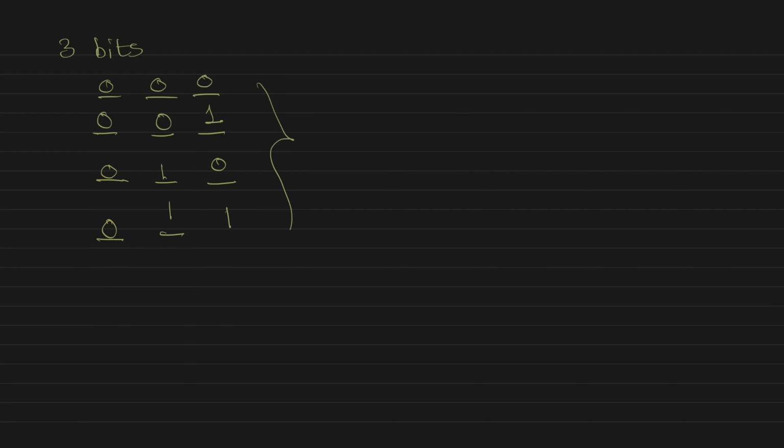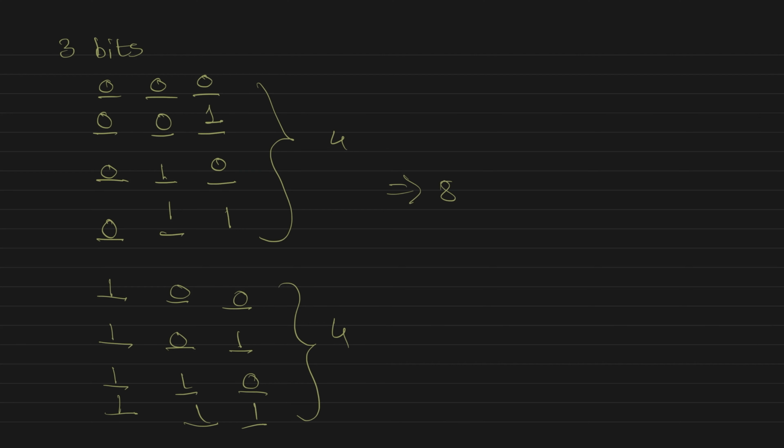Then this whole thing will be repeated with all bits changed to 1, because we have now taken 0 and now we'll just take 1. This way, these were the 4 combinations, and these were the 4 combinations, so in total we got 8 combinations or 8 values.